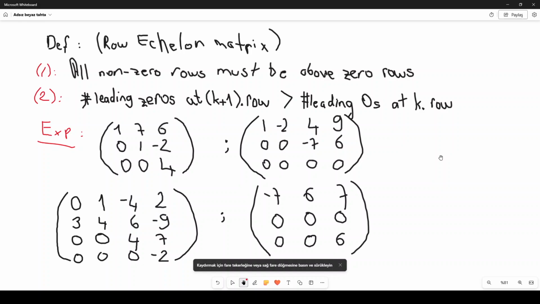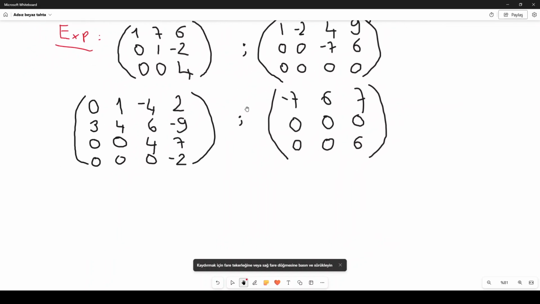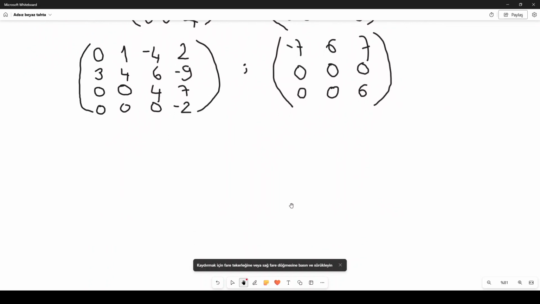Alright then, after summarizing what is waiting for you in this lecture, we can start with the basic definition of what a row echelon matrix is. And before even that, we have already learned what an upper triangular matrix is in our previous lectures. It is just a quick reminder before giving the definition of a row echelon matrix.